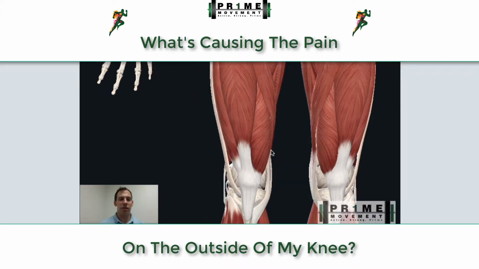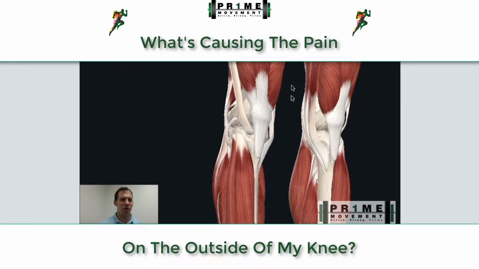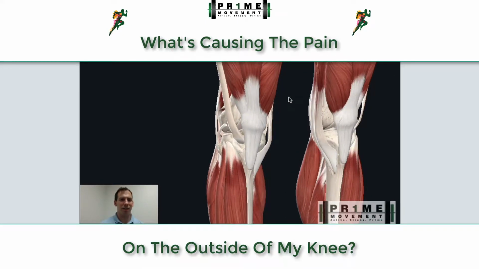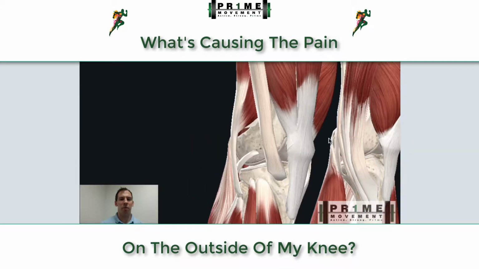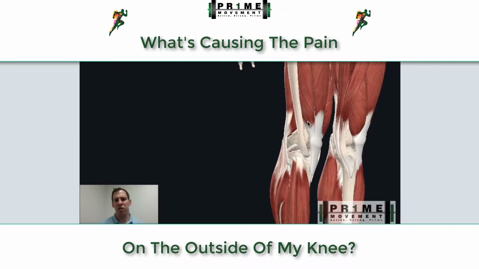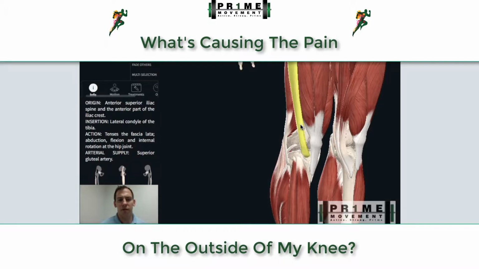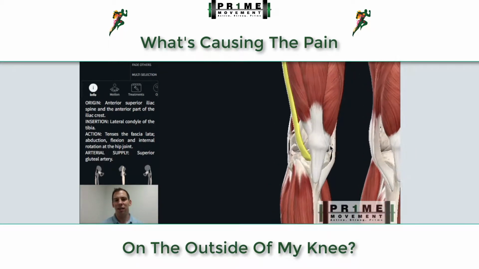The good news is that there's actually not too many different muscles, tendons, ligaments, or things causing that potential pain. If we stick to the muscular slash tendinous causes, the number one cause is really an incredibly tight IT band, but it's not just the tightness.